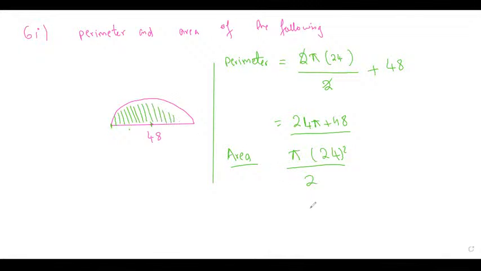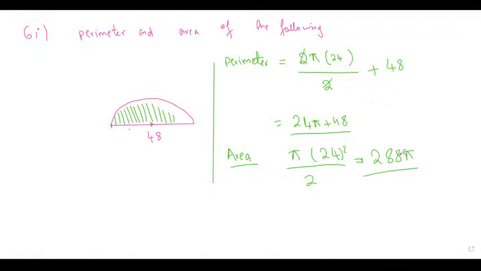You can simplify this and the answer is going to be 288 pi, right? Okay. So this is how we find perimeter and area.